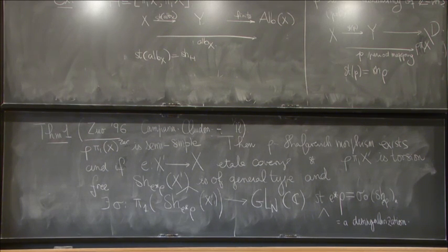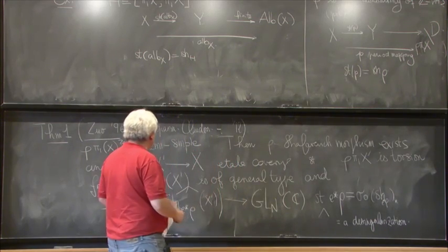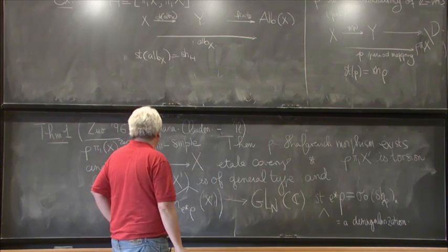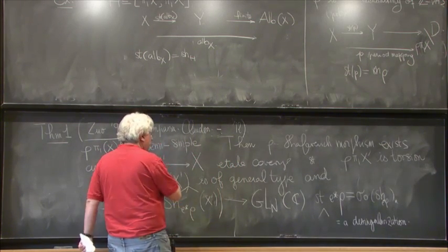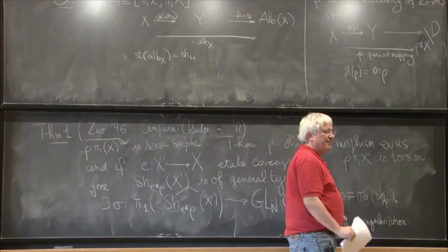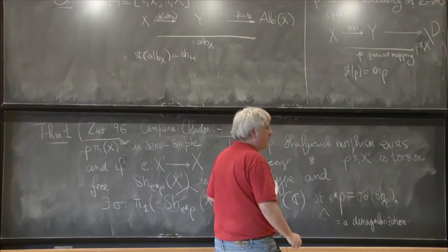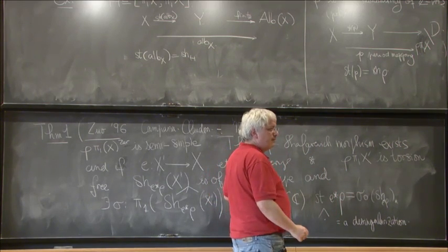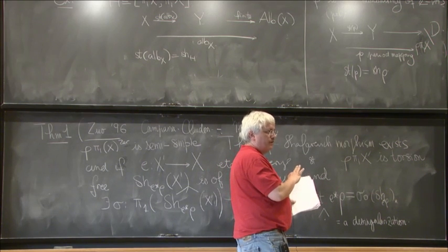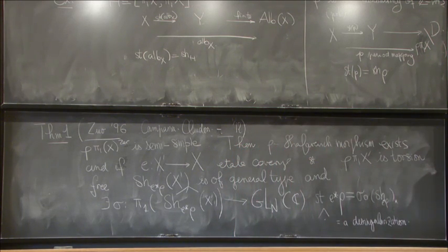To be of general type is indeed a statement over the desingularization. To be of general type means that a smooth model is of general type.